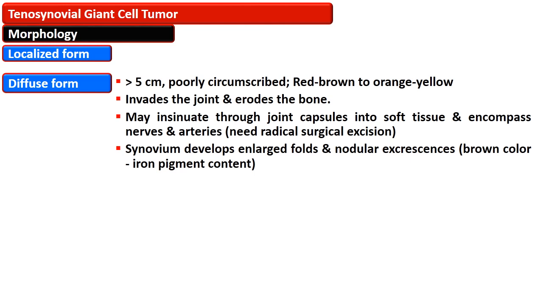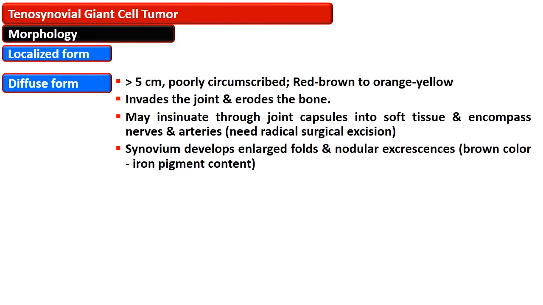It is also poorly circumscribed, and it is red brown to orange in appearance. It invades the joint and erodes the bone also, and this lesion may insinuate through the joint capsule into the surrounding soft tissue and encompass nerves and arteries which are present there. Hence this lesion requires radical surgical excision.